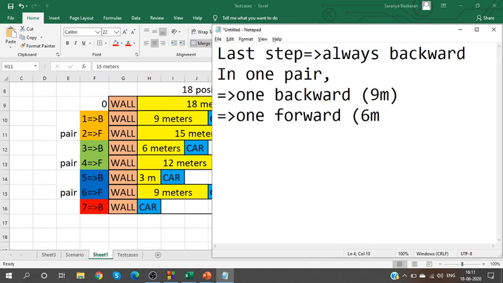How much is the forward movement? 6 meters. In each pair I have one backward movement and one forward movement. So what is the distance covered? Think about it. The car moves 9 meters and then it moves 6 meters. So the distance covered is 15 meters. It travels 15 meters.